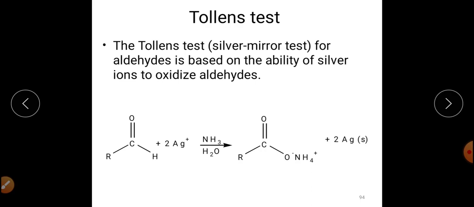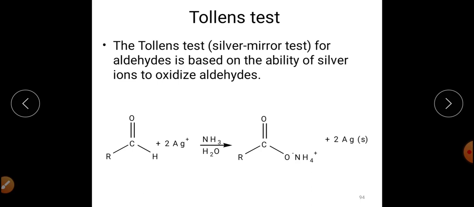There is a formation of a mirror inside the test tube in which this reaction is carried out. So deposition of silver on the side walls of the test tube is an indication of the presence of aldehyde in a particular unknown organic compound.